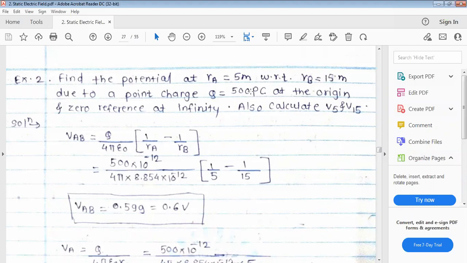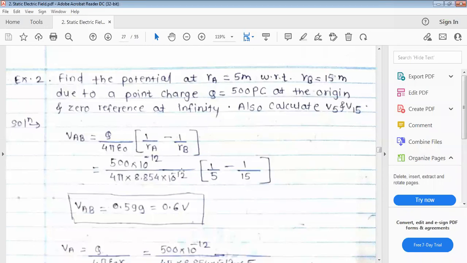Okay, so what is the formula for potential difference? VAB is equal to Q upon 4 pi epsilon 0 into bracket 1 upon RA minus 1 upon RB. Just put all values here. Q is equal to 500 picocoulomb. Pico means what? 10 raised to minus 12.